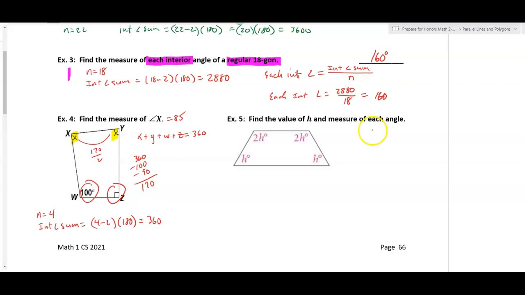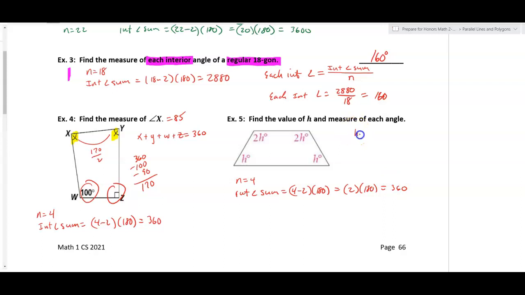Here, it says find H and the measure of each angle. Well, first thing I have to do is find the interior angle sum. Well, I know n is 4. So all 4 of those angles, interior angle sum, would have to add up to 4 minus 2 times 180, which gives you 2 times 180, which is 360.